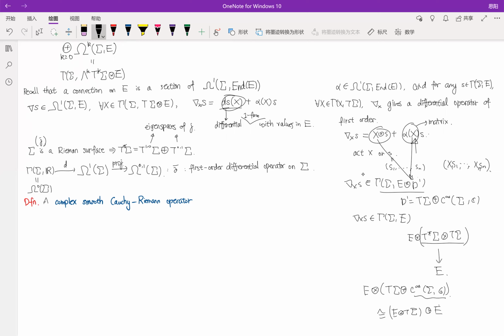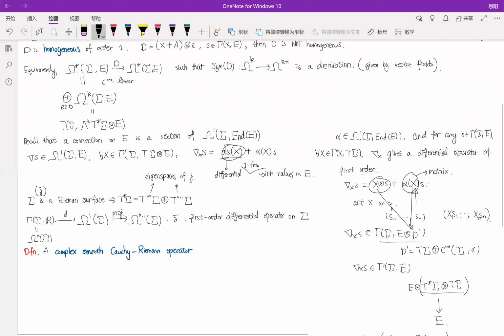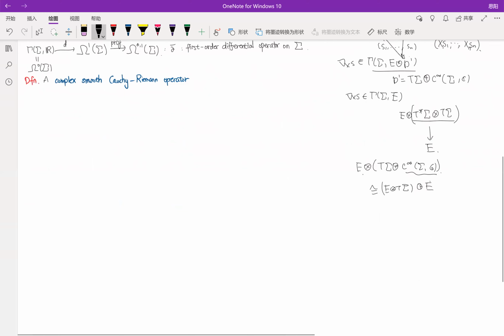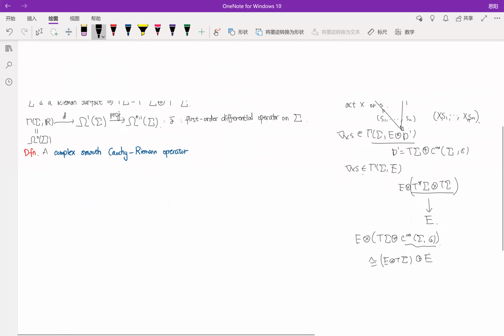And in this way, we have also a natural action of the X on E. Okay, maybe the screen has some problem, so I cannot move it very freely.